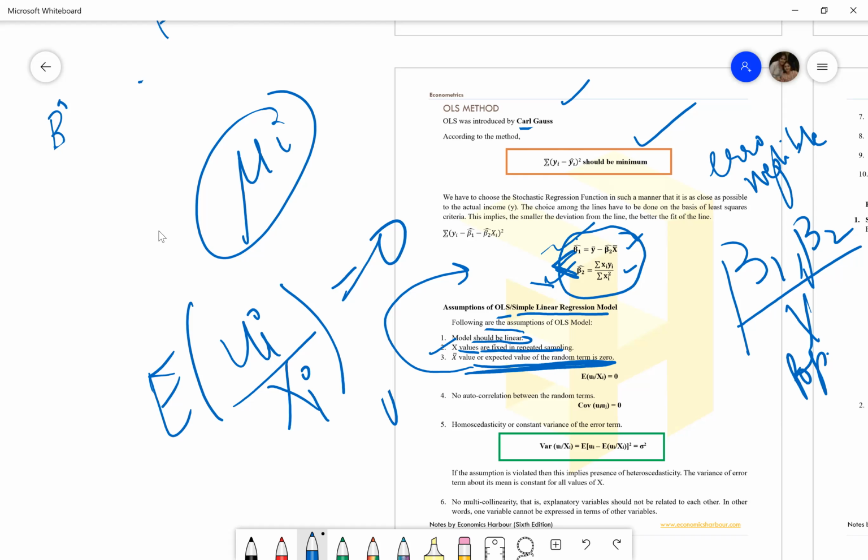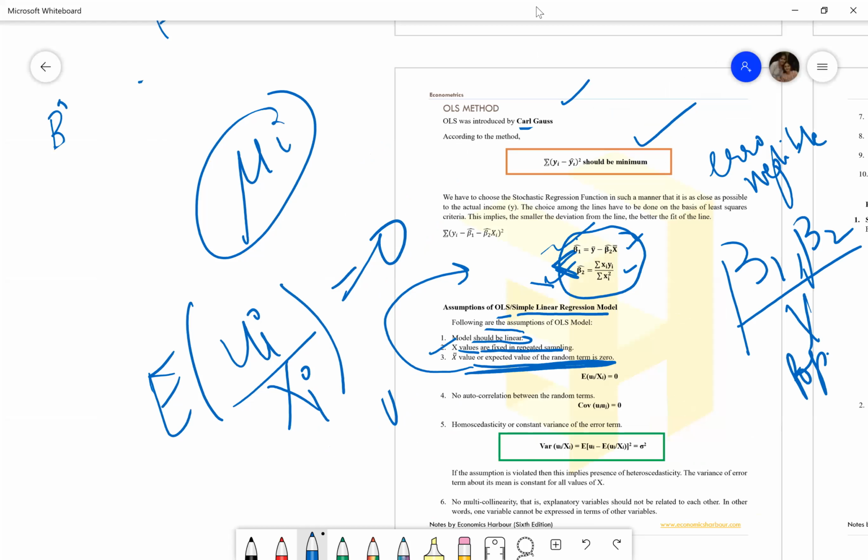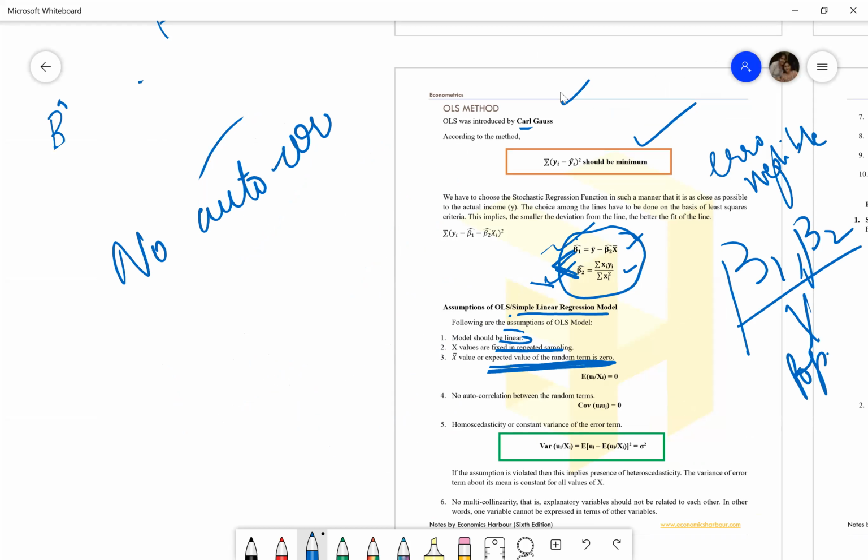Okay. The next assumption is that there is no autocorrelation. By autocorrelation we mean that if you are using different error terms in the model, there is absolutely no correlation between them.